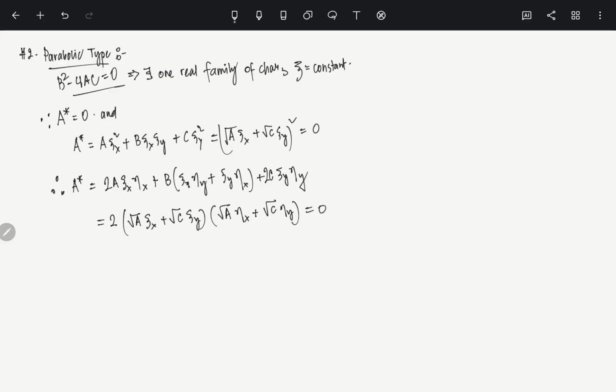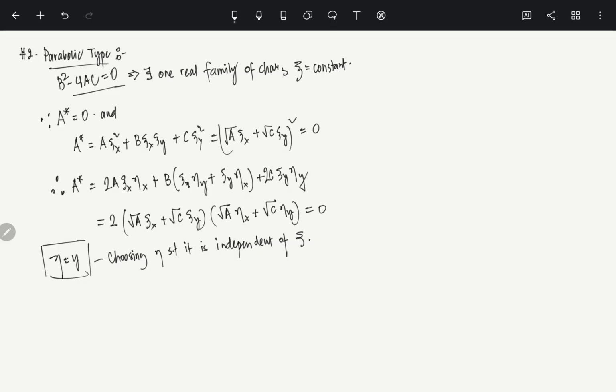This is for an arbitrary eta, which we have to choose in such a way that it is independent of xi. If you choose eta like this, then the Jacobian does not vanish, so it's independent of xi.